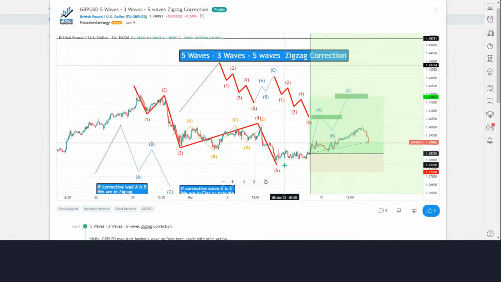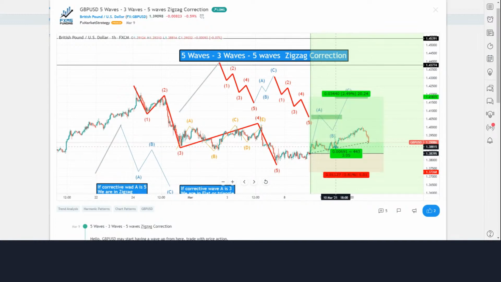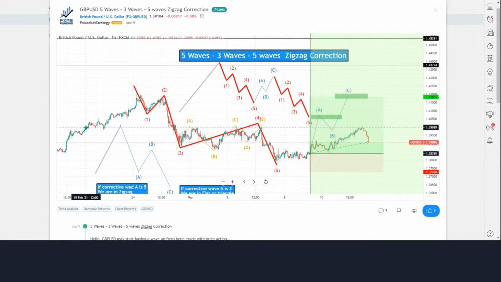What have happened already? That the trend went through a corrective wave, which is ABC, okay, and then it's down now, and we expect that it will reverse up again to continue the upward trend.